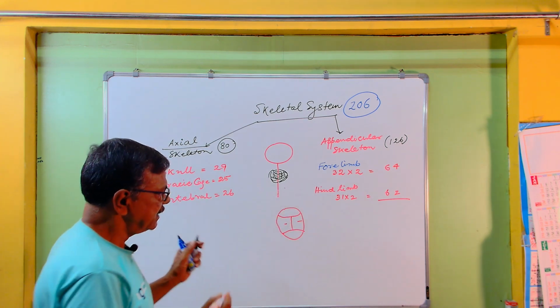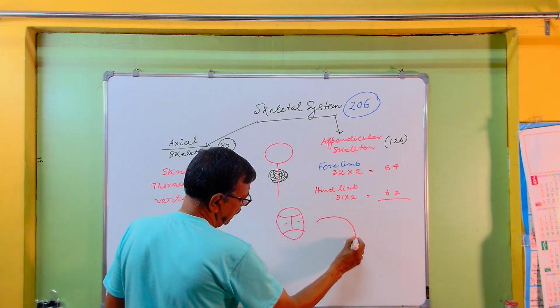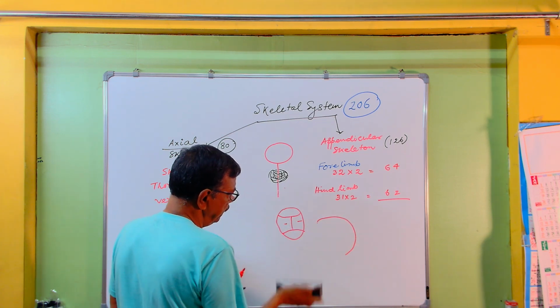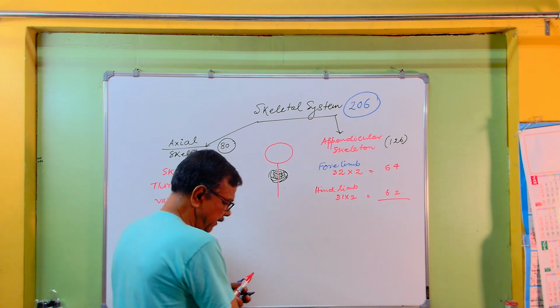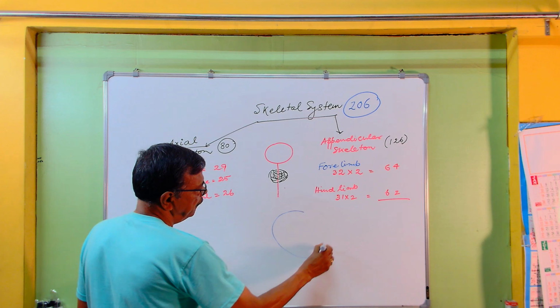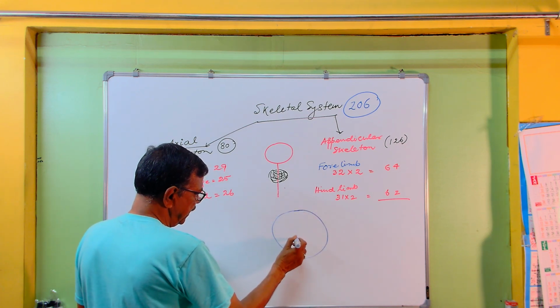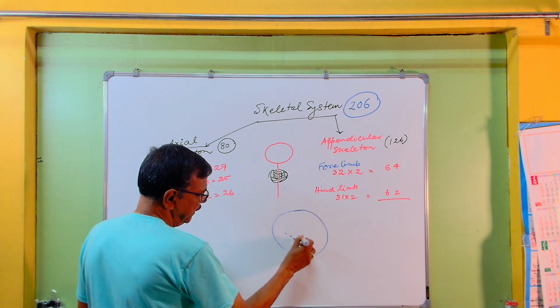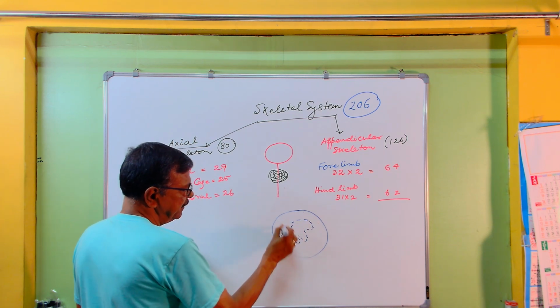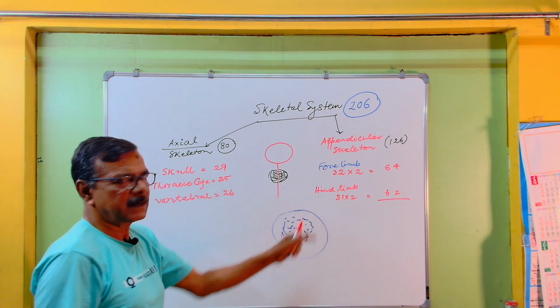How is it so? Let us see. Have you seen a globe? In geography, we have come across a globe. In the globe, there are some maps like India, America, this and that. These are land, and these are all water.